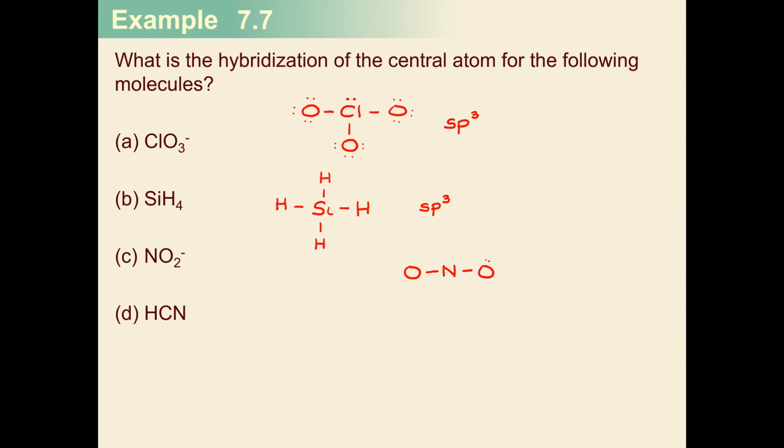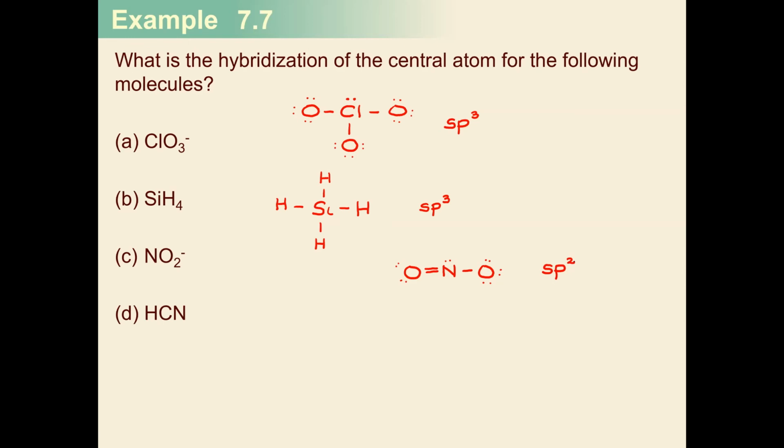And if I do this correctly, you will see that I will get a double bond between our oxygen and nitrogen here, and my nitrogen will have a total of 3 attachments, all of them being different. 1 single bond, 1 double bond, and 1 lone pair. However, we just want to know the number of attachments. In this case, there are 3 attachments, so this means it is going to be sp2 hybridized.